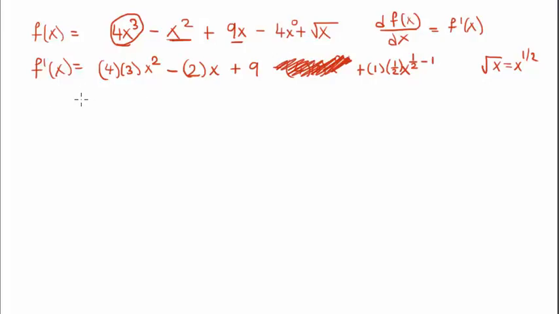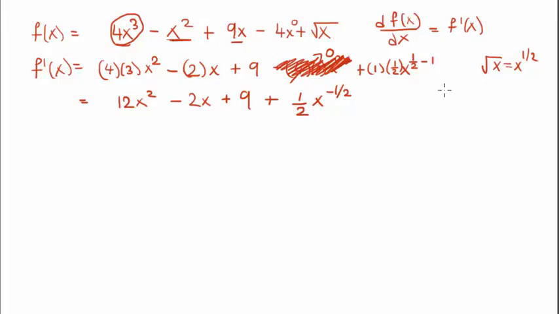So we'll clear this up a little bit. So 4 times 3 is 12. X squared minus 2x plus 9. And then this 0 over here doesn't matter. Plus 1/2 times 1, which is just 1/2, times x. And what is 1/2 minus 1? It's negative 1/2.